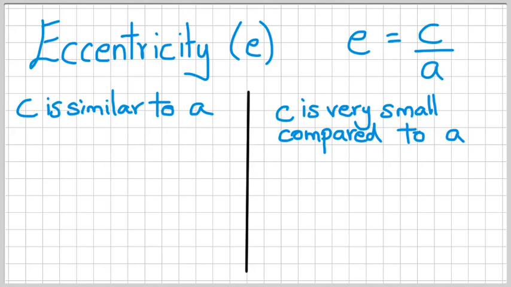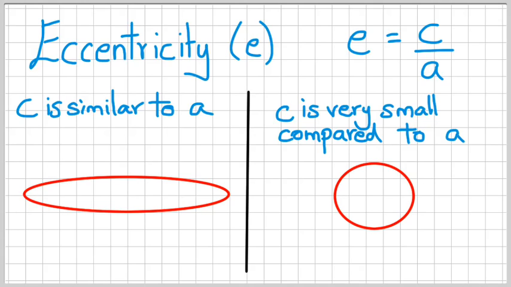When c is similar to a, you will end up with an ellipse that's looking really flat. But when c is really small compared to a, you end up with more of a circle really. That's because if c is very small compared to a, then the two foci points are a lot closer, and if it's really small, then it almost becomes a circle.